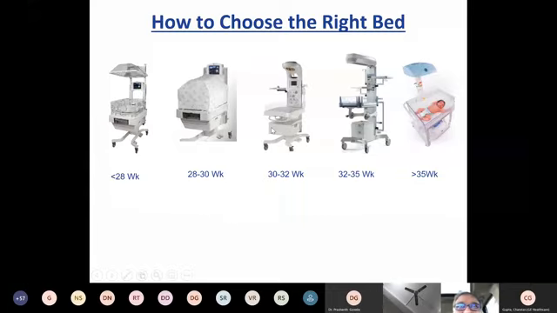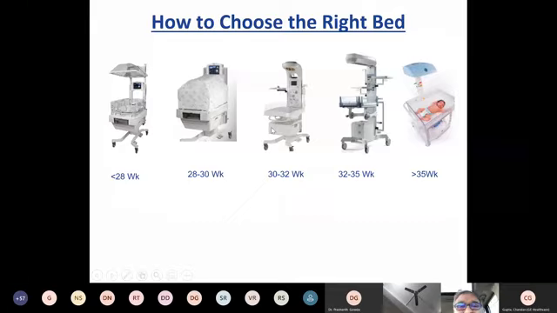On the hospital side, we get into the interior part of it, building the hospital and making it very user friendly. We put a lot of importance on the architecture and all that. But at the same time, we need to have a lot of input on choosing the right beds for the hospital.